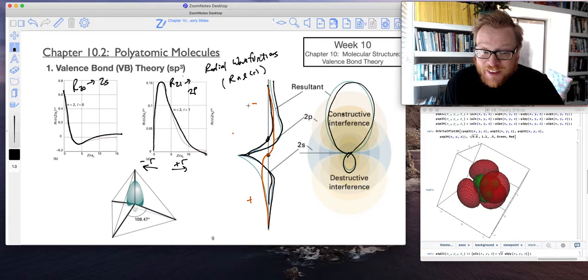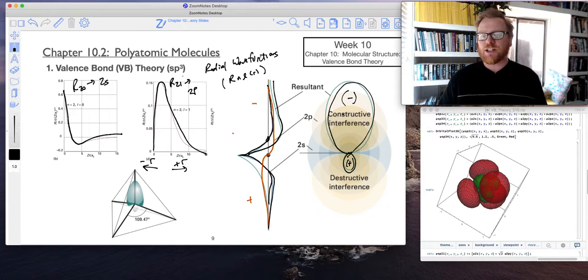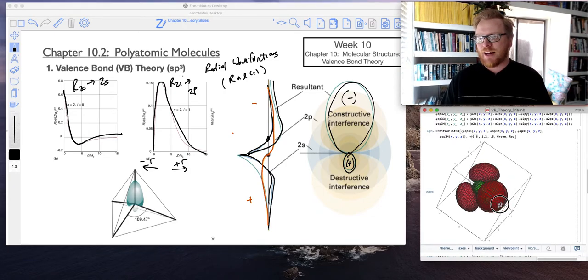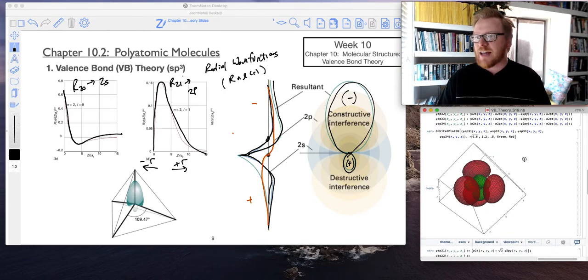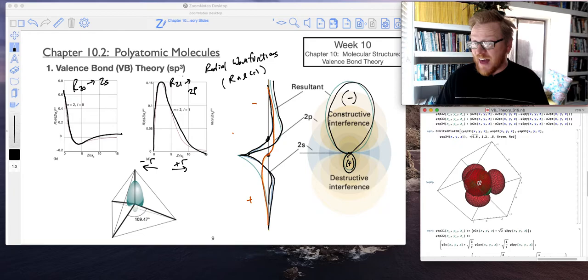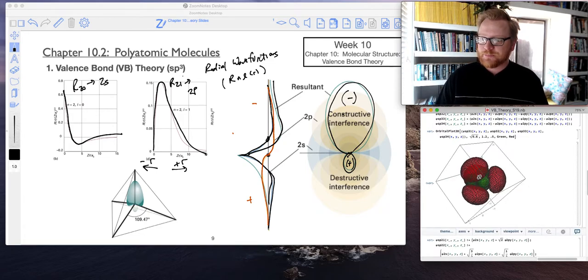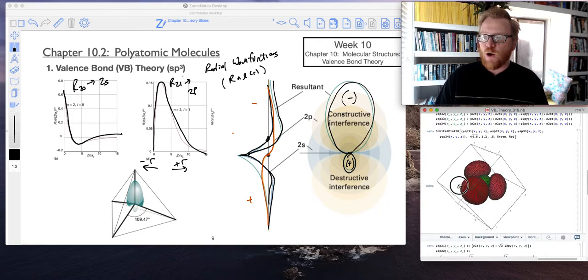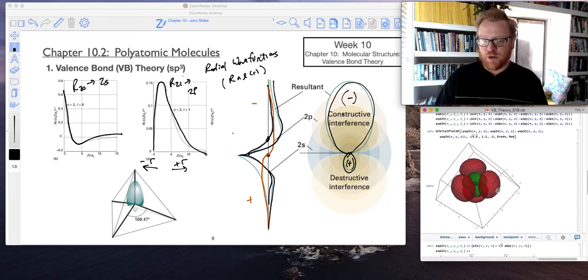And this bigger area right here, that was the negative region, and this smaller area right here, that's the positive region. And if you look at my Mathematica model, here I've specifically labeled red as the negative region and green as the positive region. So we can see this larger negative region lobe and this smaller positive region lobe.